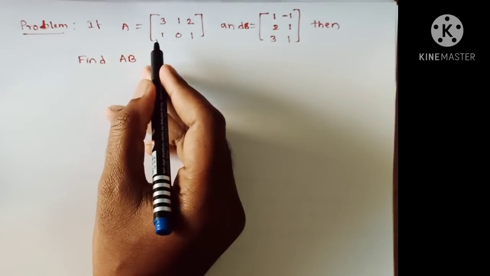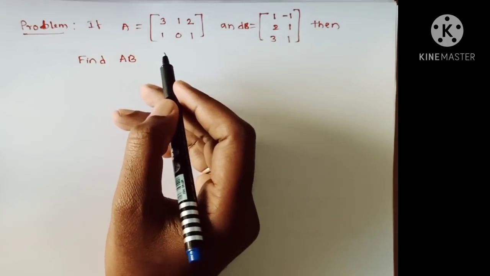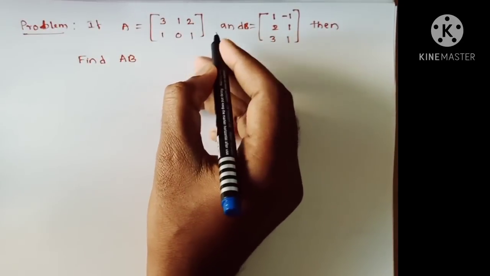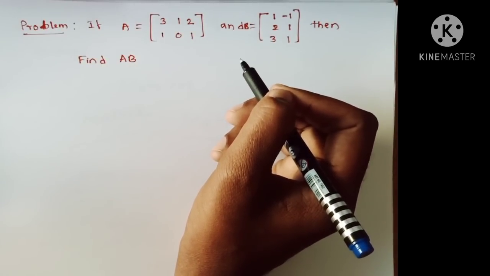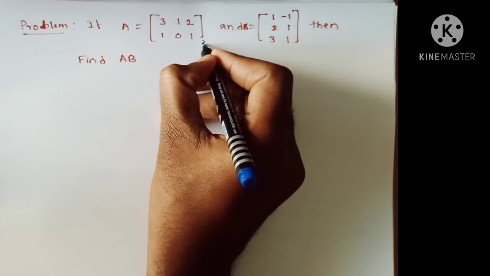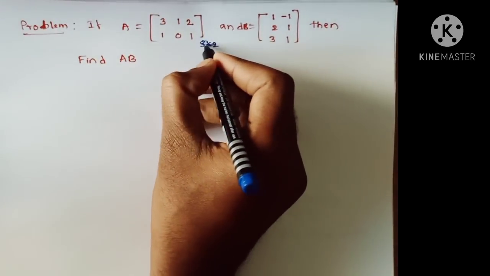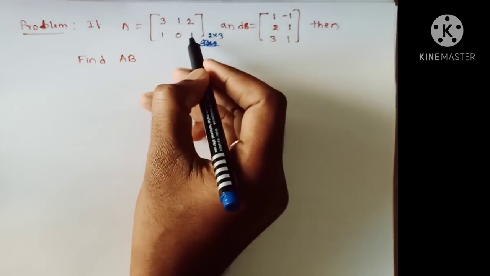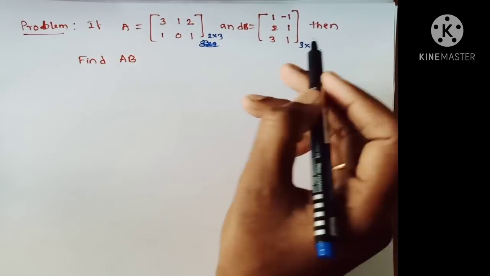First we need to check whether the multiplication of the matrices is conformable or not. Already we know the matrix multiplication is conformable whenever the number of columns of the first matrix is equal to the number of rows of the second matrix. The order of the first matrix is 2 by 3, so there are 2 rows and 3 columns, and the order of the second matrix is 3 by 2.